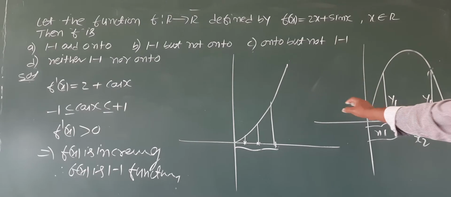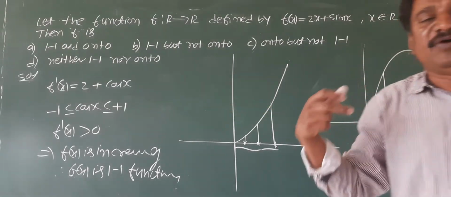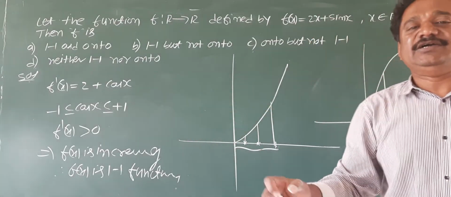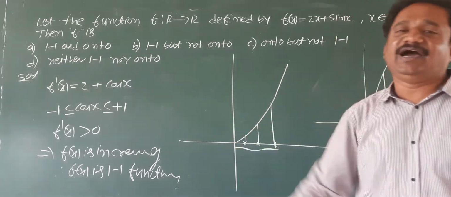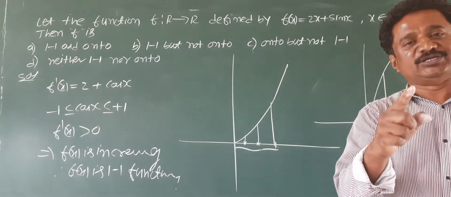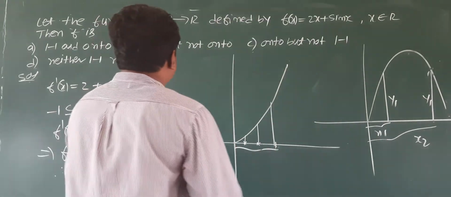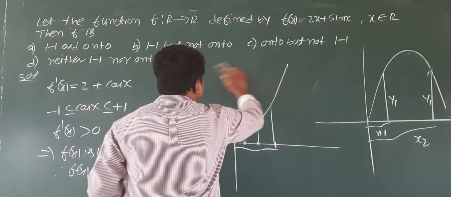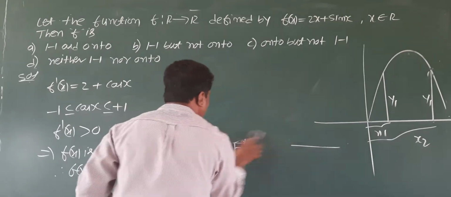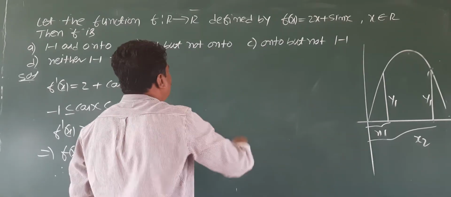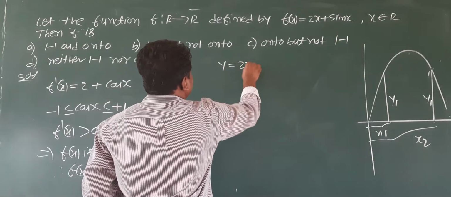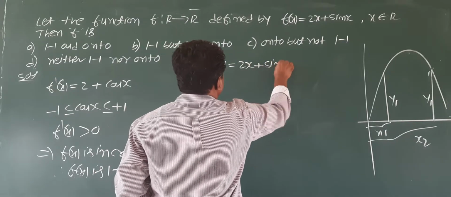So this is the concept. Whenever you need to check one-one, you check whether the function is increasing or decreasing. I hope you understood. For onto, clearly, y = 2x + sin x.